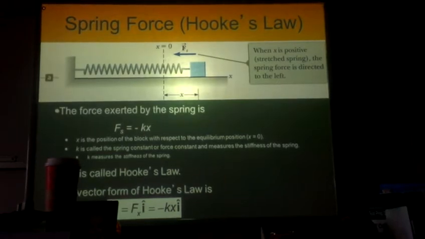So that negative sign there is trying to help indicate the position of the spring force with respect to the position of the displacement. Okay, so when x is positive, spring is stretched, F will be negative. When x is 0, F is 0. Spring force, I don't have one. I don't have a restoring force. And when x is negative, the spring is going to be compressed, so F is going to be positive.